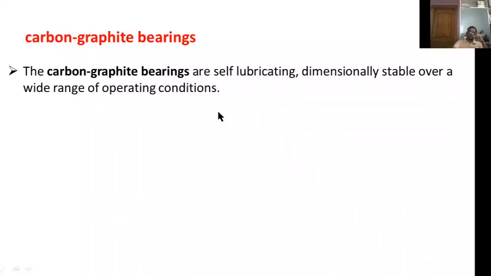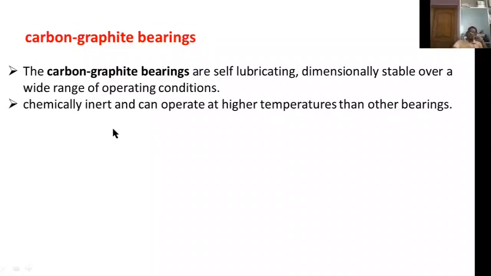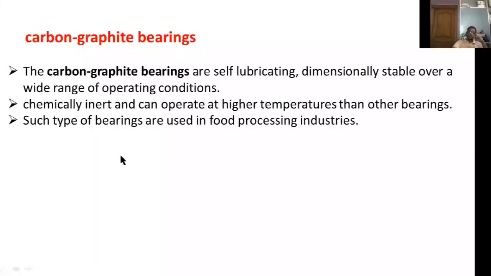That's why these carbon graphite bearings are used in food processing units. They are dimensionally stable over a wide range of operating conditions, and chemically inert. So that's why we are using them in food processing, and they can operate at high temperatures.